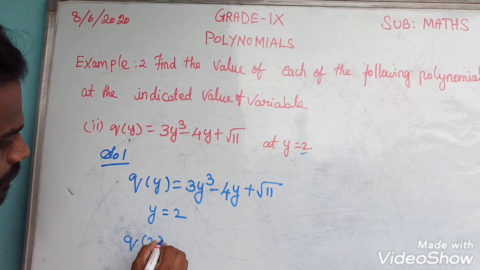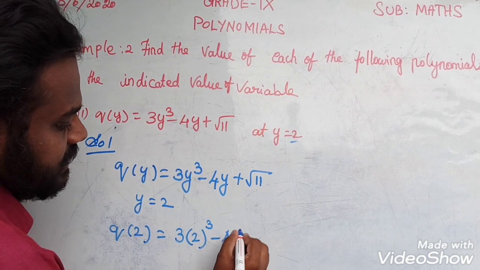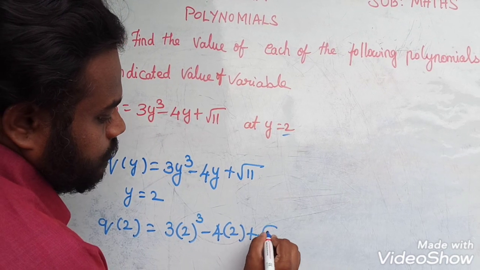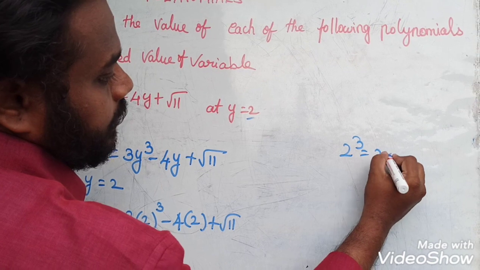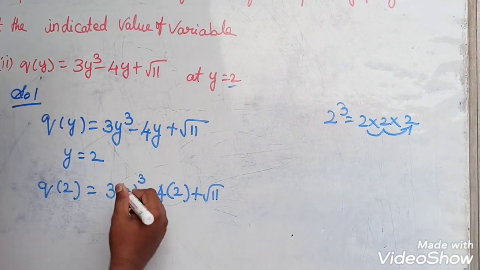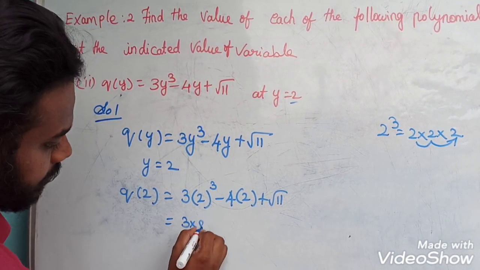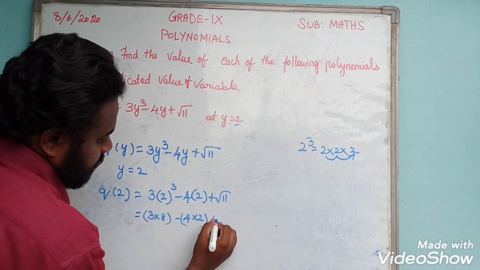So q of 2 can be written as 3 into 2 power 3 minus 4 into 2 plus root 11. 2 cube can be written as 2 into 2 into 2. 2 2s are 4, 4 2s are 8. So this is 3 into 8 minus 4 into 2 plus root 11.